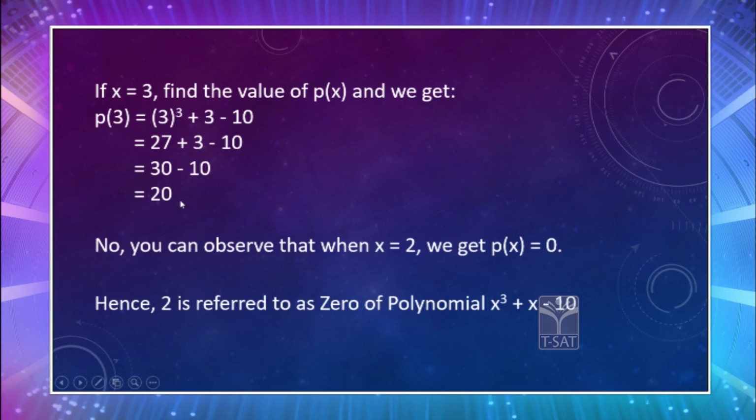So, p of 3 is 20, not 0. So, it is not a 0 of the polynomial. Am I correct? P of 2 equals 0, so it is a 0 of the polynomial. P of 3 is 20, so it is not a 0 of the polynomial. When x equals 2, we get p of x equal to 0, hence 2 is referred to as a 0 of the polynomial x cube plus x minus 10, clear?